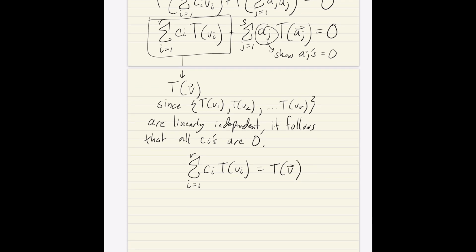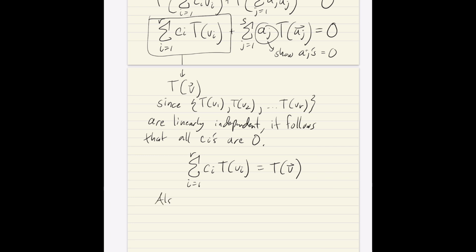And we also know that the sum from i equals 1 to r of ci T of vi plus the sum from j equals 1 to s of aj uj is equal to T of v.